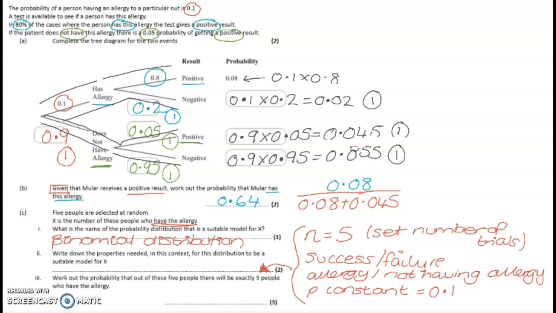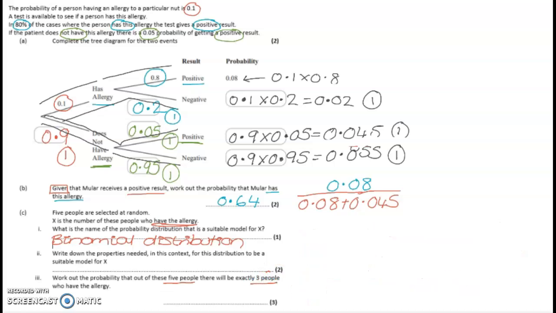Part 3. Work out the probability that of these 5 people, there will be exactly 3 people who have the allergy. When working out a binomial distribution, we need to first of all identify the 4 variables: N, R, P and Q. We've already identified that N is 5 and P is 0.1.